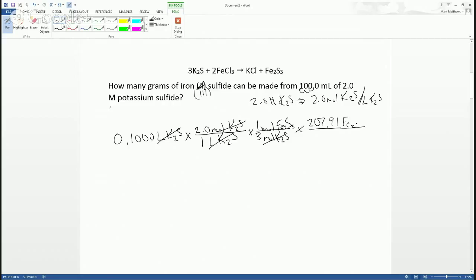I probably wrote the 2 because I was looking at that 2 at the time. And it's that many grams per 1 mole. And that will give you 13.9 grams of Fe2S3.